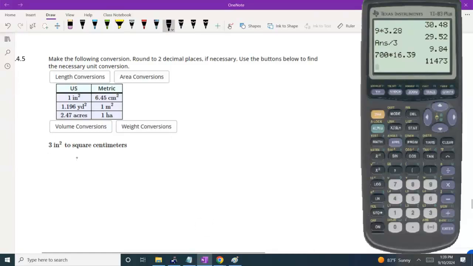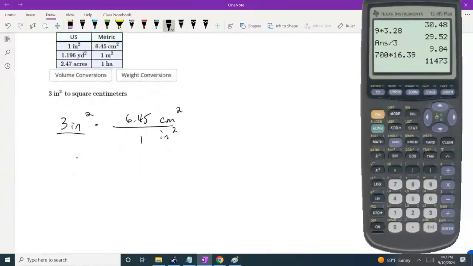All right, so 3 square inches. I can write out my unit fraction. I'm going to put square inches in the denominator and square centimeters in the numerator. And if I write out that conversion, 1 square inch is 6.45 square centimeters.